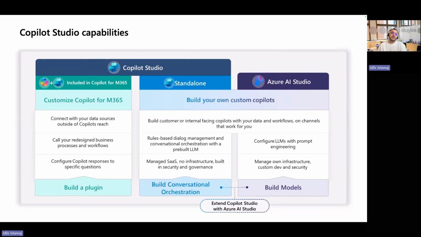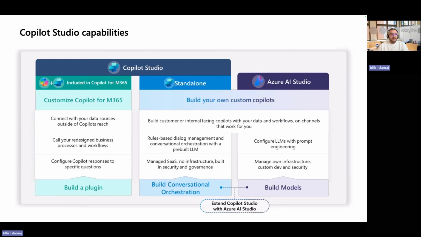Then with Copilot Studio, you have the ability to build standalone bots, right? As I mentioned, everything is managed for you, so you don't have to do much. It's managed SaaS, no infrastructure, with security and governance built in for you.